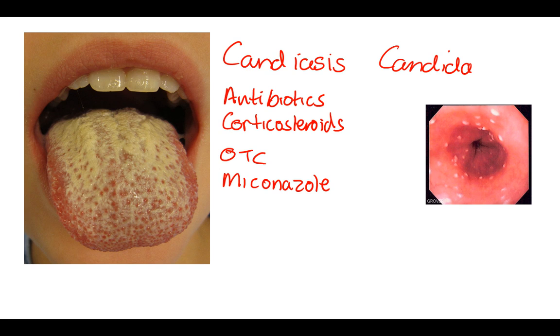However, probably you'd actually want to prescribe something, and then you can use nystatin suspension. Nystatin is a polyene antifungal. Okay, it's not absorbed orally whatsoever, and it's actually very effective for treating candida infections as well.